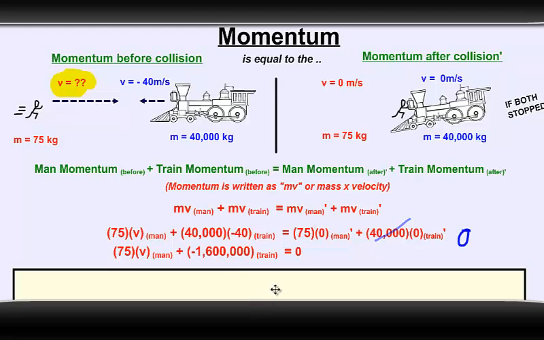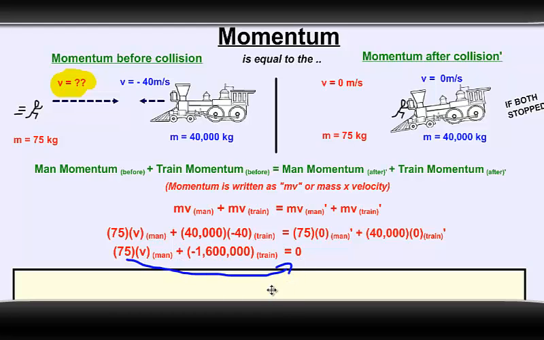And we are. Now, because we need to solve for v, we're going to have to do some algebra here. So what I'm going to do is bring the 1.6 million, it's going to be a nutty answer, over here. That's going to become a plus, and then I'll probably just divide both sides by 75.